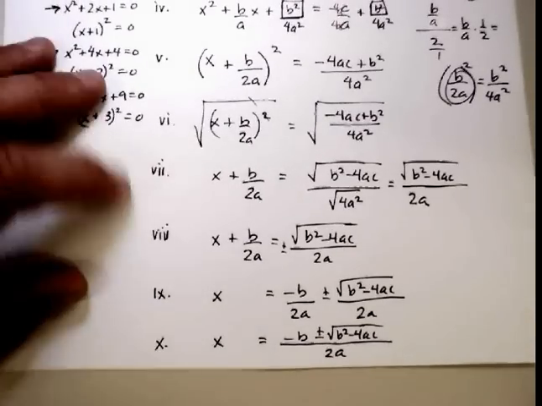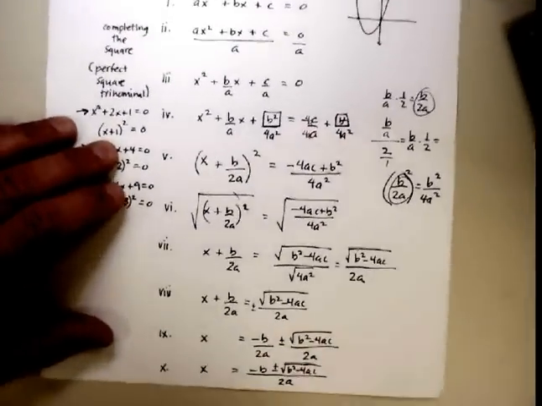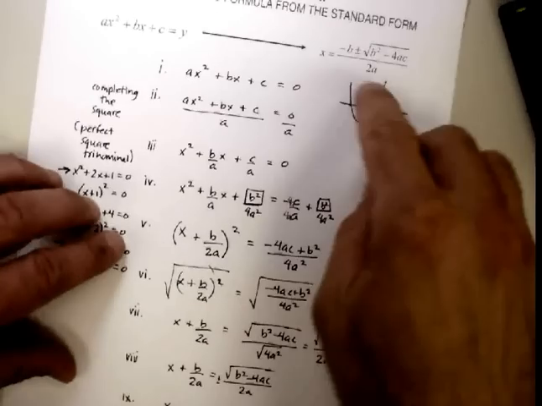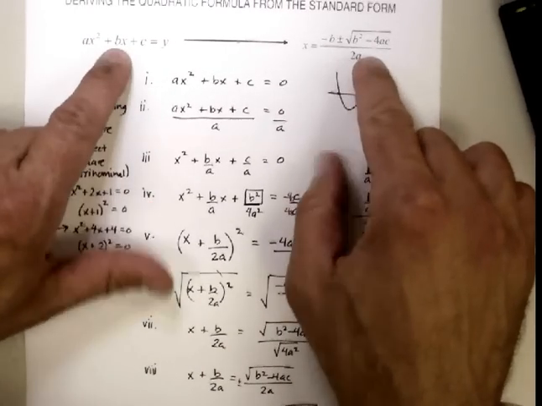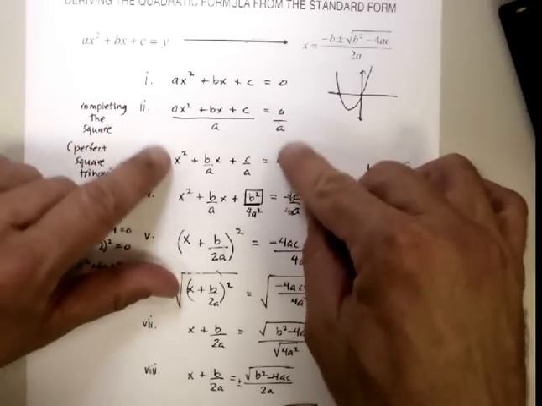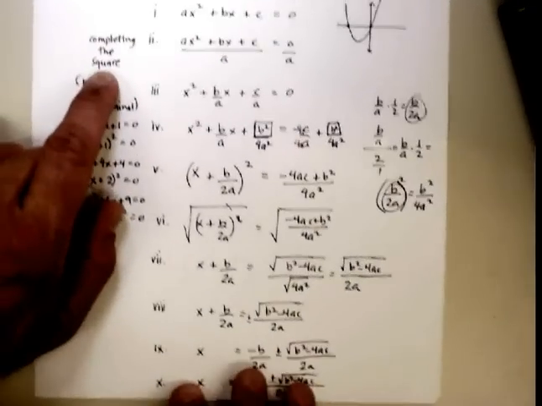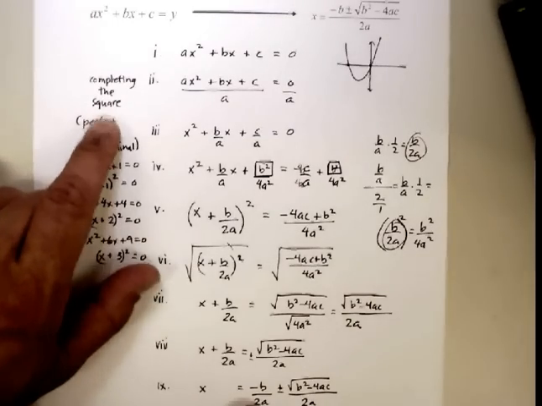So look what we've done here. We have actually derived the quadratic formula from the standard form just by completing the square. And those are my steps. Okay? So we completed the square.